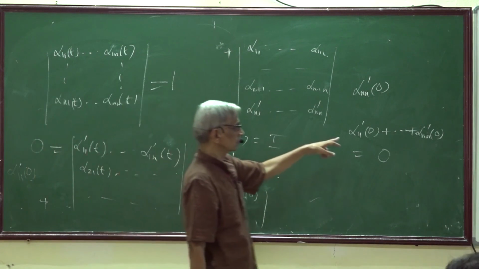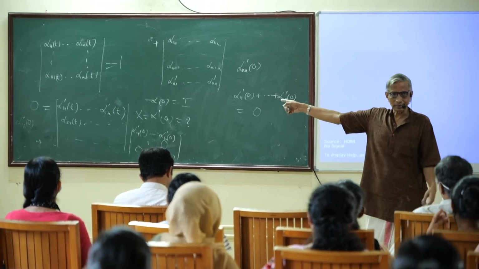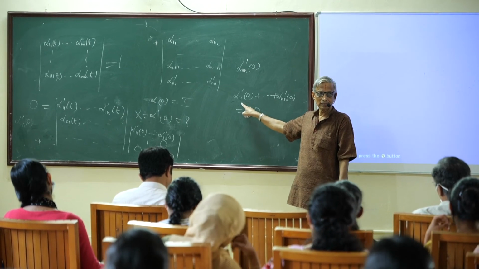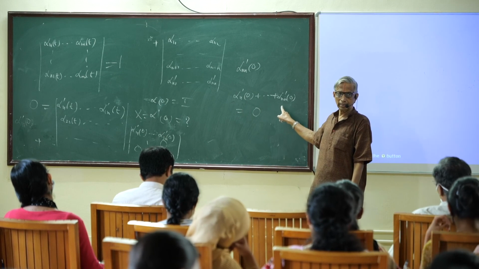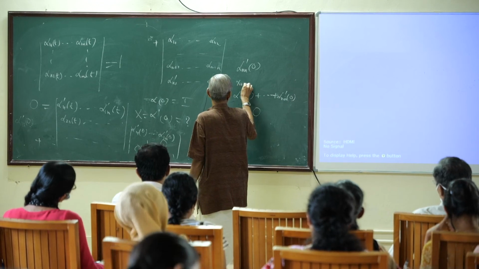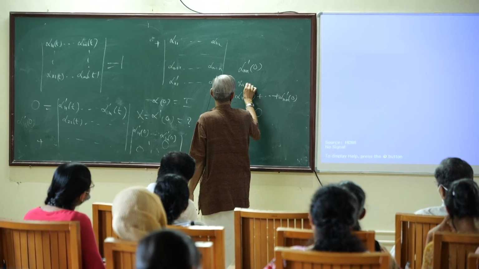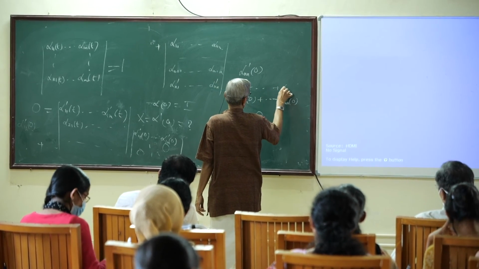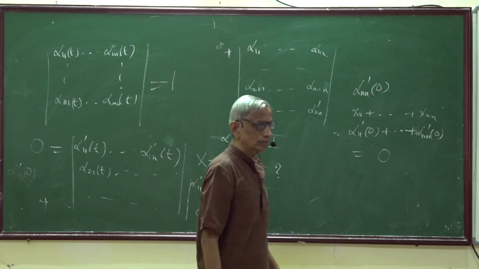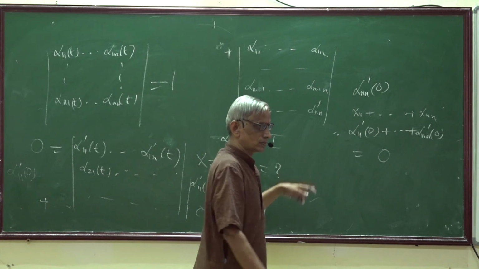But what is this? Alpha prime 0 is x. So these are the diagonal elements of x. This is x11, through xnn, right? So it is just the trace of x.